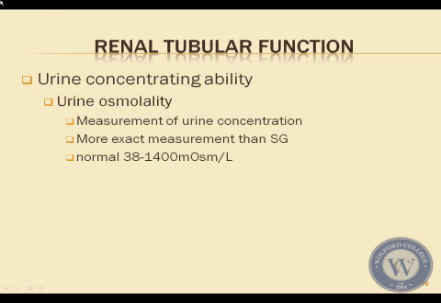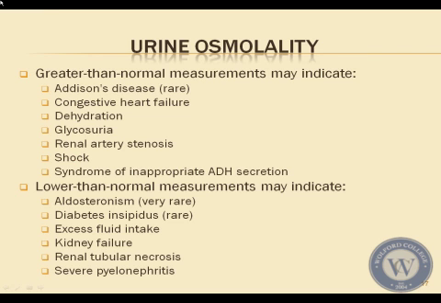Urine concentrating ability is also measured by urine osmolality. This is a measurement of urine concentration. It's a more exact measurement than specific gravity, and the normal value is anywhere between 38 to 1400 milliosmoles per liter. It depends on how concentrated the urine is.